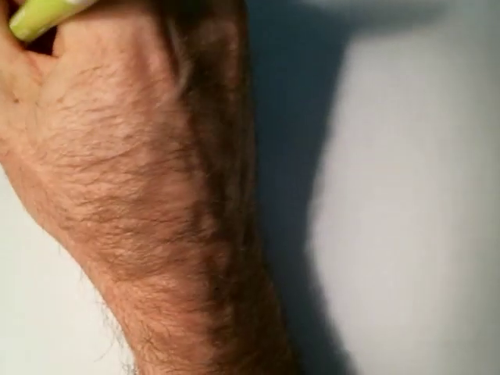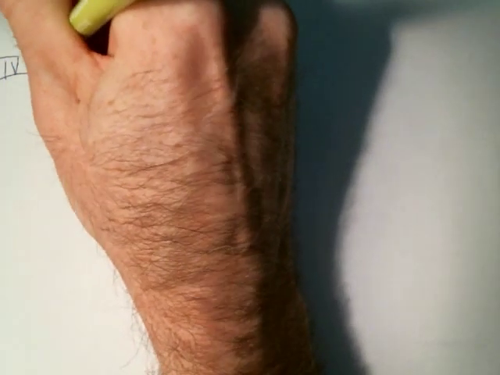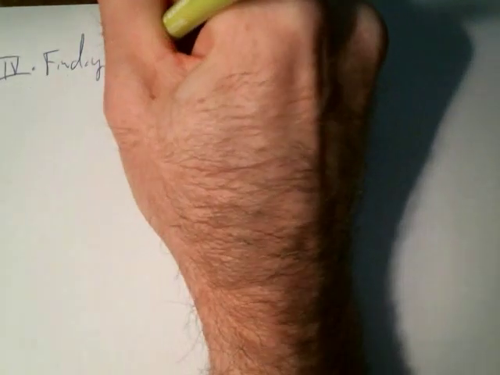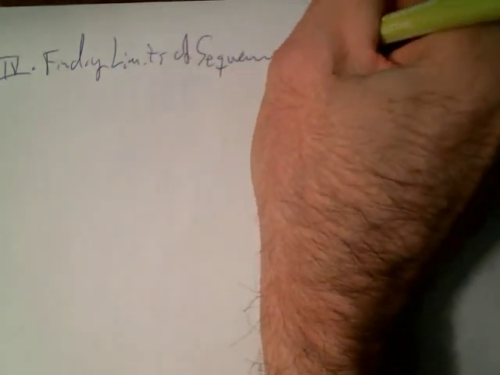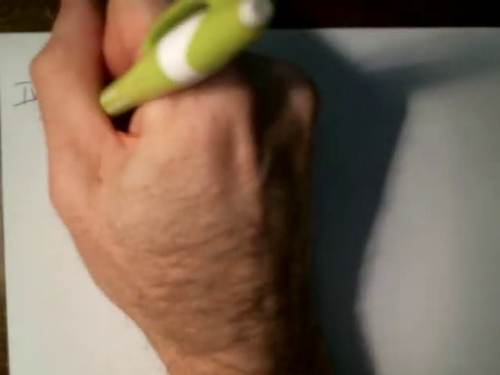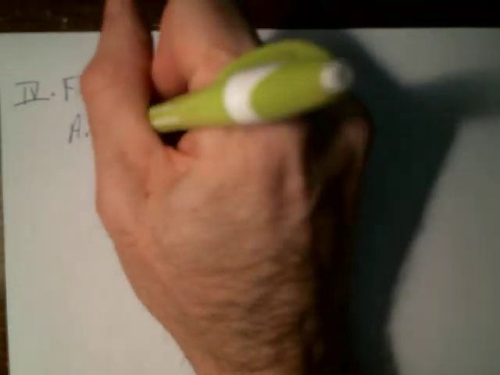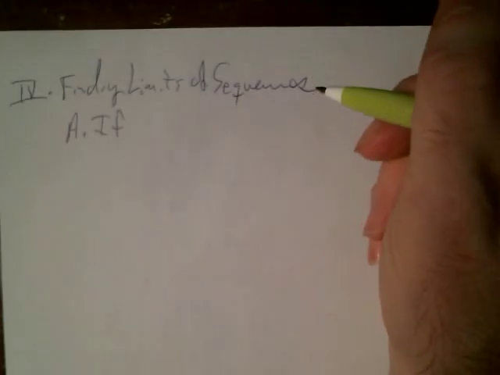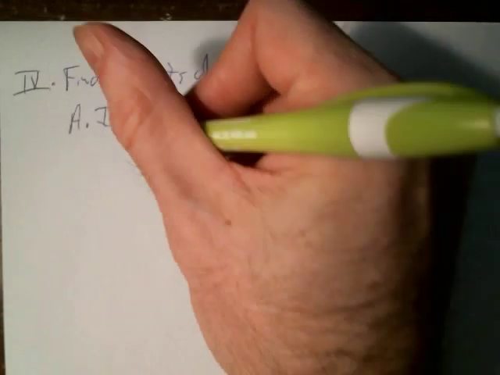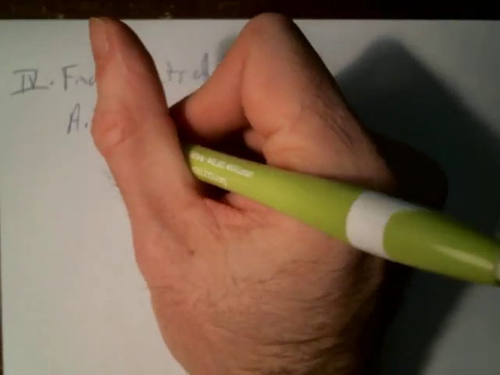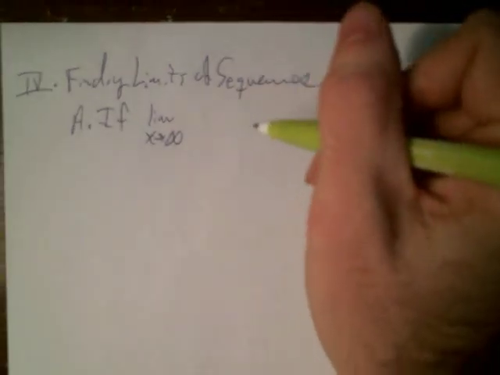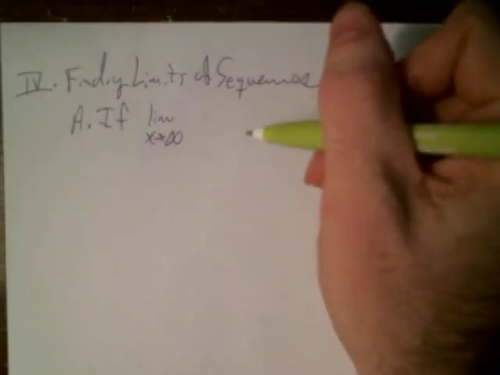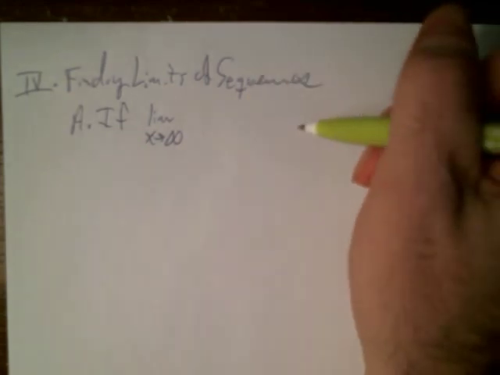Finding limits of sequences then. It turns out that you can use all your calculus rules. The only difference here is we have an n instead of x. Technically, there are issues of continuity, because obviously a sequence is a bunch of dots when you look at the graph.